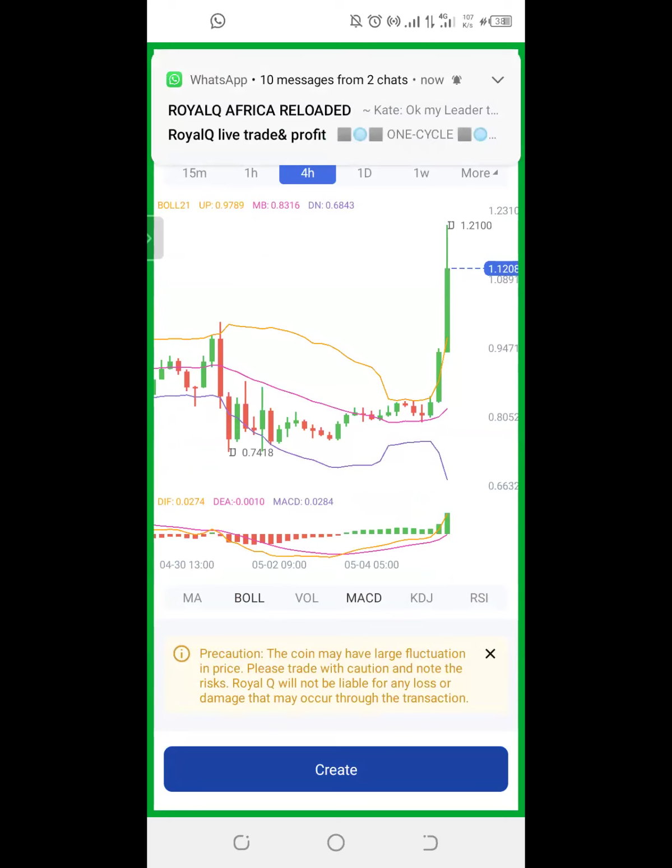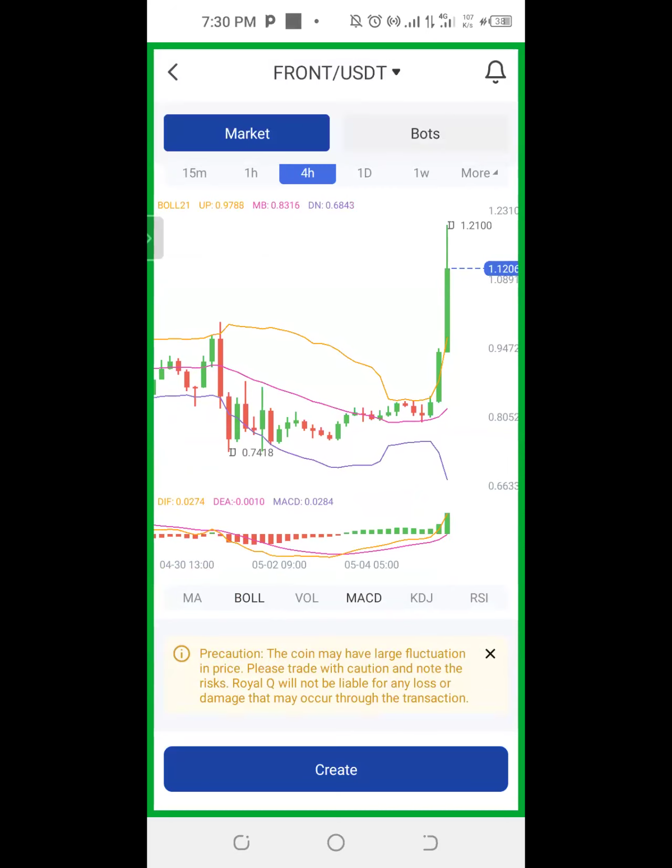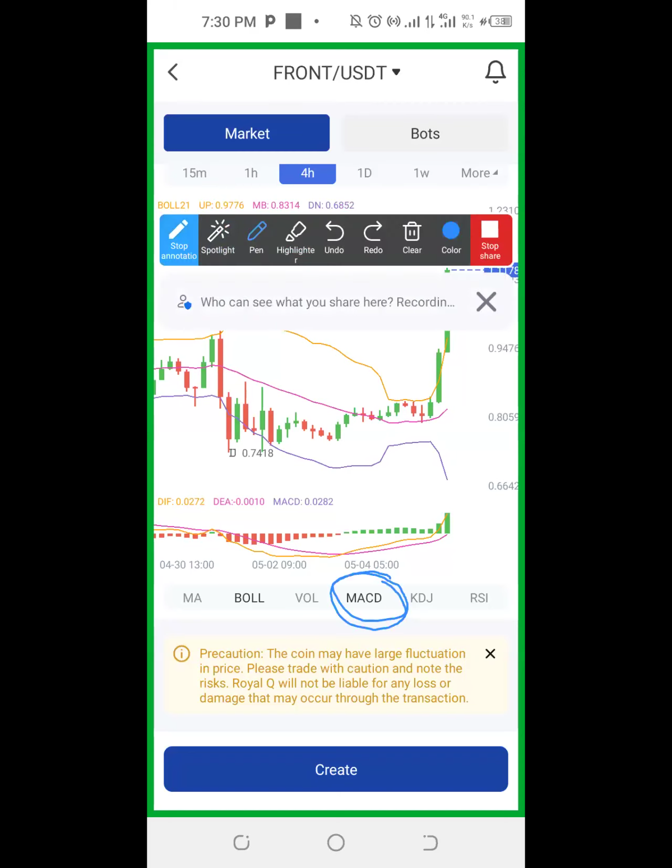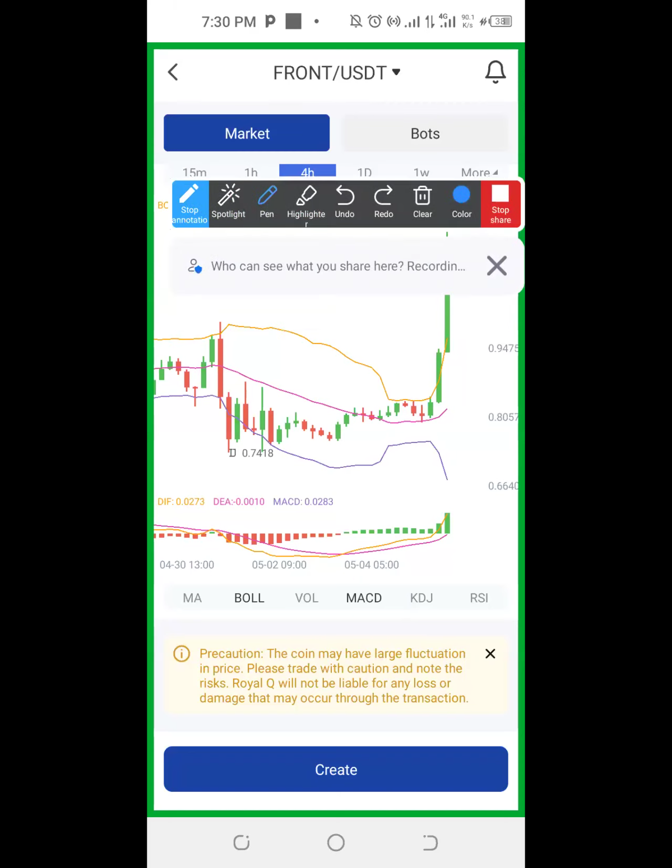One of the indicators we use mostly to know whether a coin will pump suddenly is the MACD indicator. You will discover that it has about 4 components.